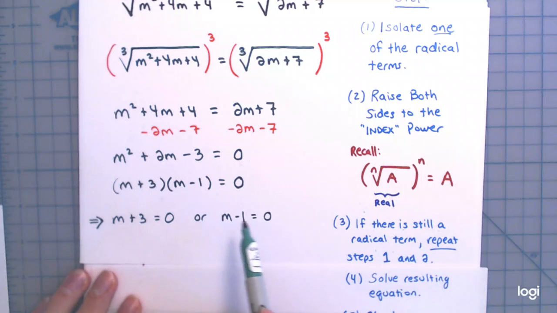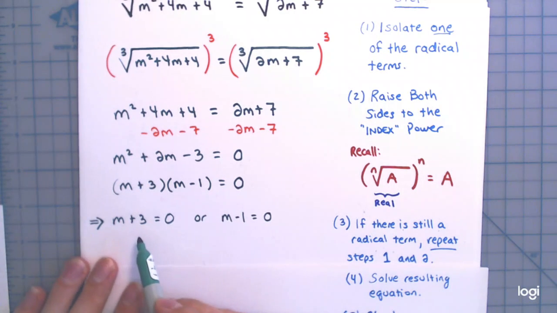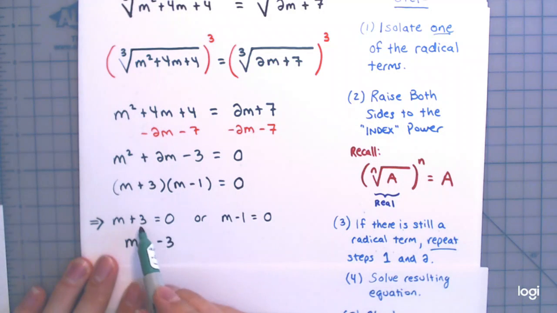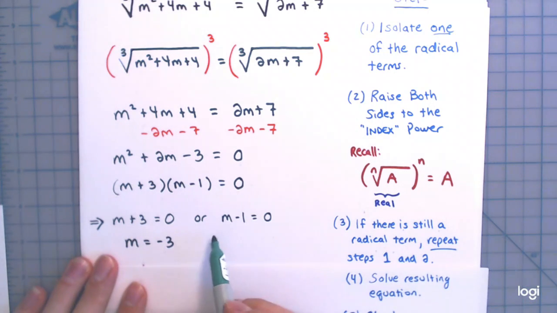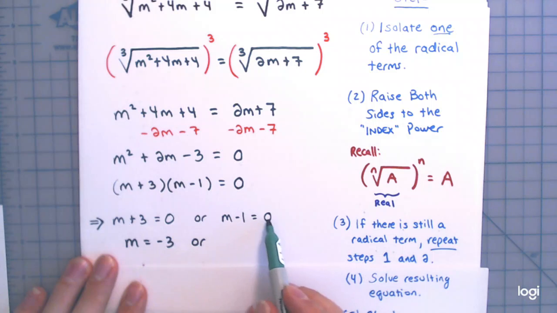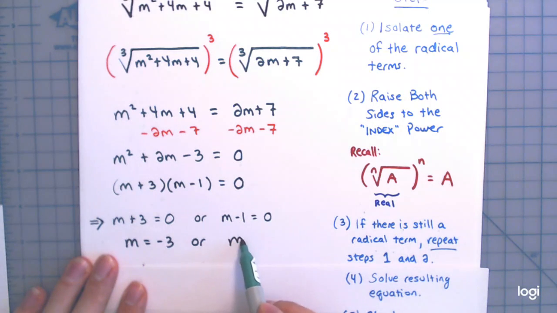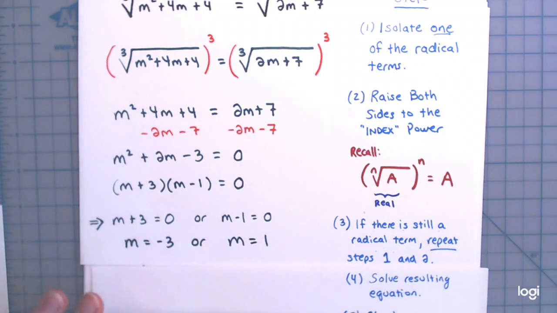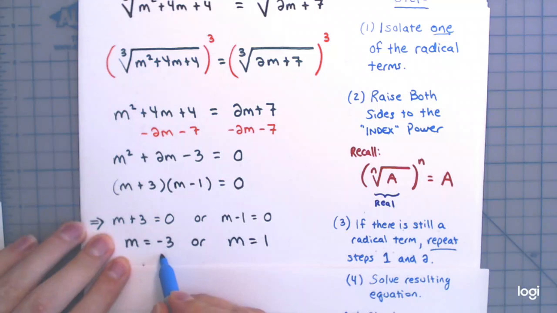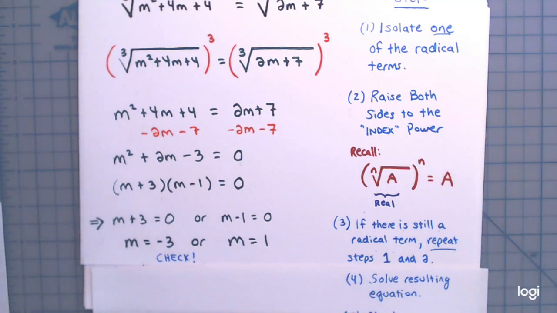Solving each of these, we get possible solutions of m equals negative 3, subtracting 3 from both sides, or, adding 1 to both sides, m equals positive 1. Now don't circle them, don't say they're solutions yet. We must check them. You should always, when solving an equation, check your solutions back in the original statement.